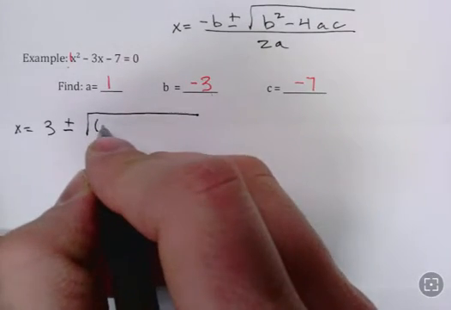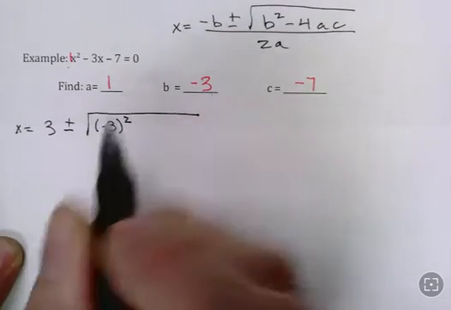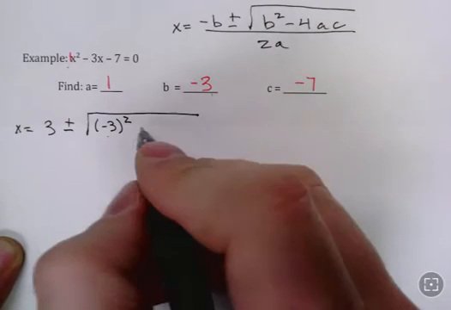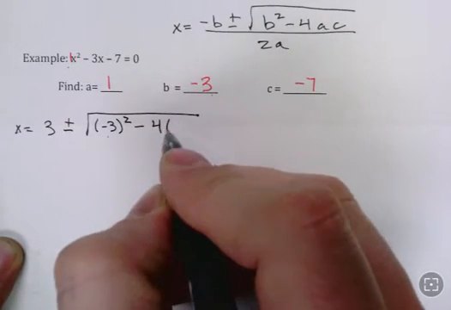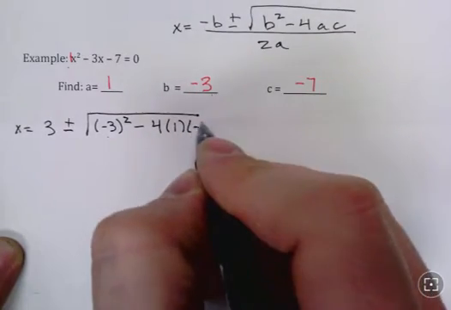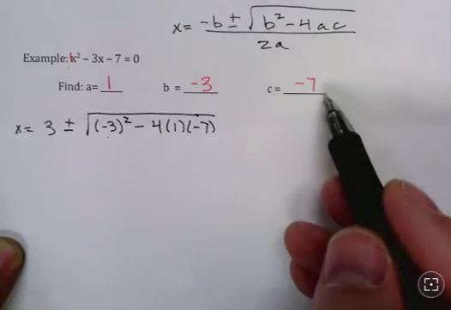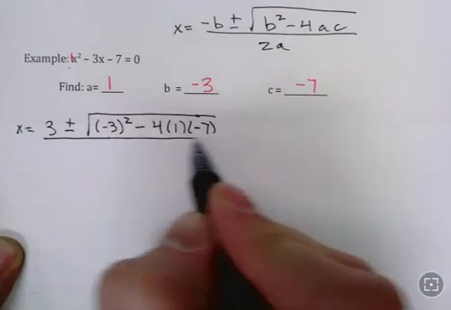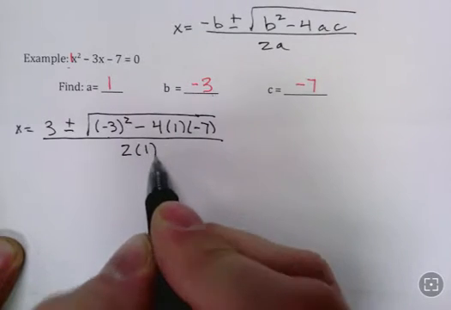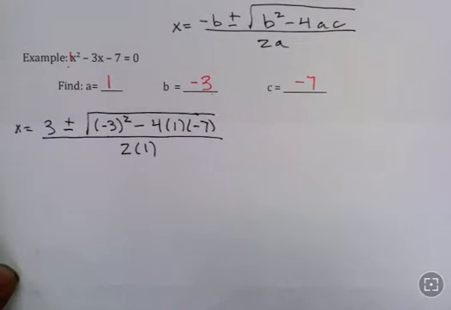So I'm going to use parentheses. Parentheses are important. So that's negative 3 squared minus 4 times a 1 times a negative 7, because c is negative 7. And that's all over 2 times 1 because a is equal to 1.